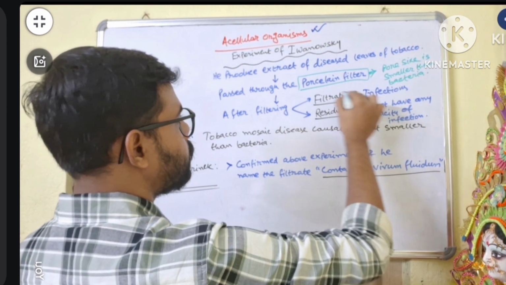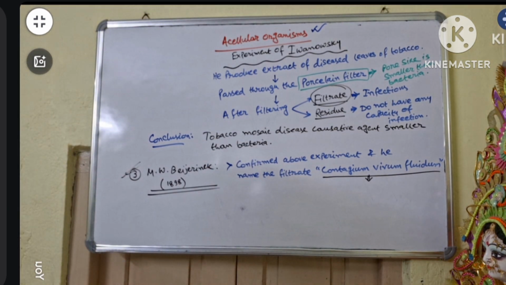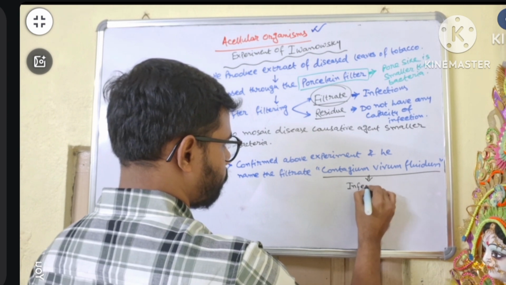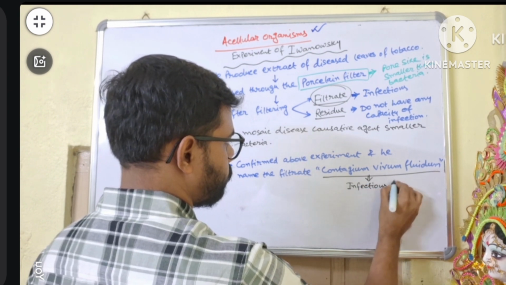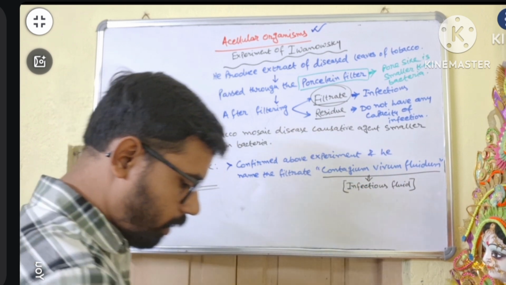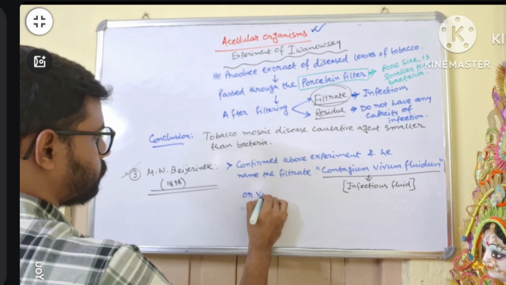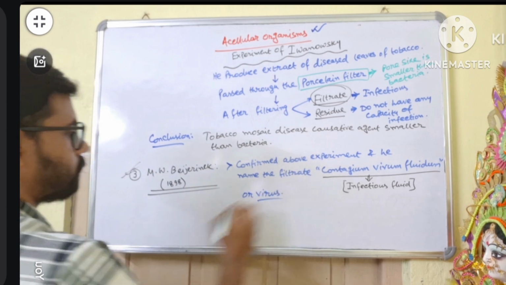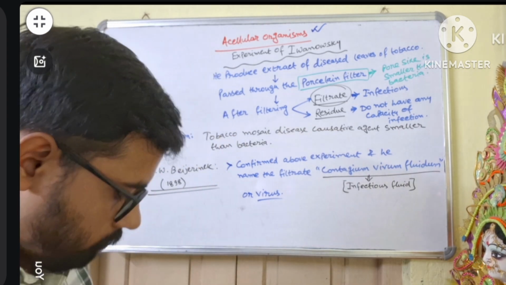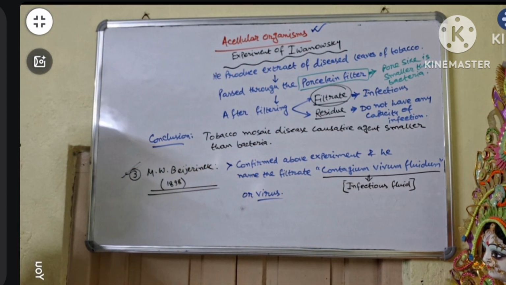This filtrate, M.W. Behring called Contagium vivum fluidum, and it means infectious fluid or virus. And actually, virus means poison or toxic material in Latin.